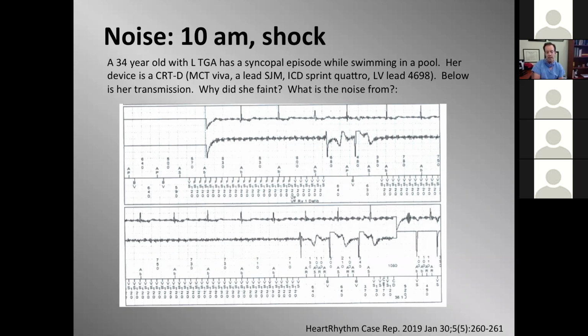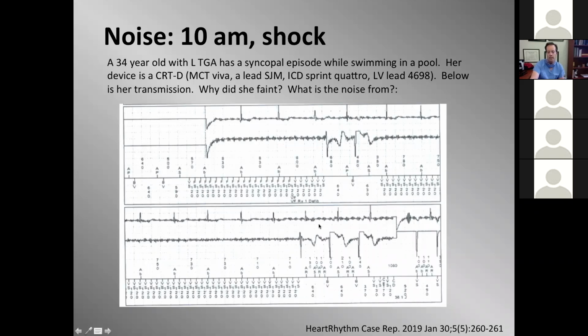Aliasing is a result of a consistent, regular input from an extrinsic source, such as AC, 60 hertz, and that being different from the sampling rate of your sense amplifier, which is why you get that sine wave sort of appearance. This is classic aliasing from EMI from an AC mains power source. In the US it's 60 hertz; in Europe, it'd be 50, but it still would alias and give you this sine wave appearance.